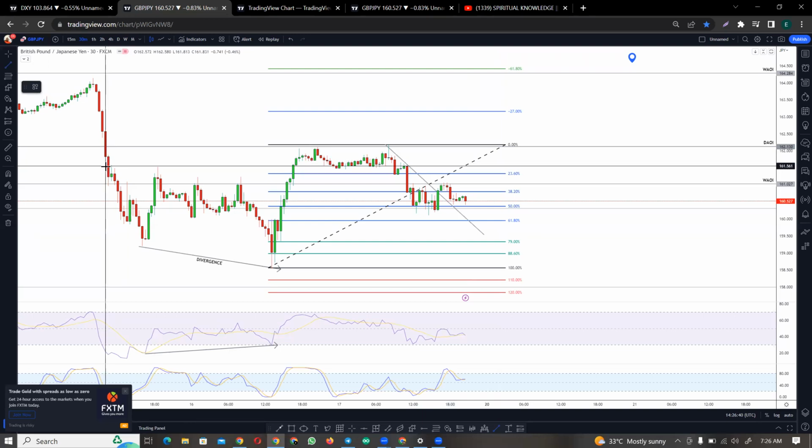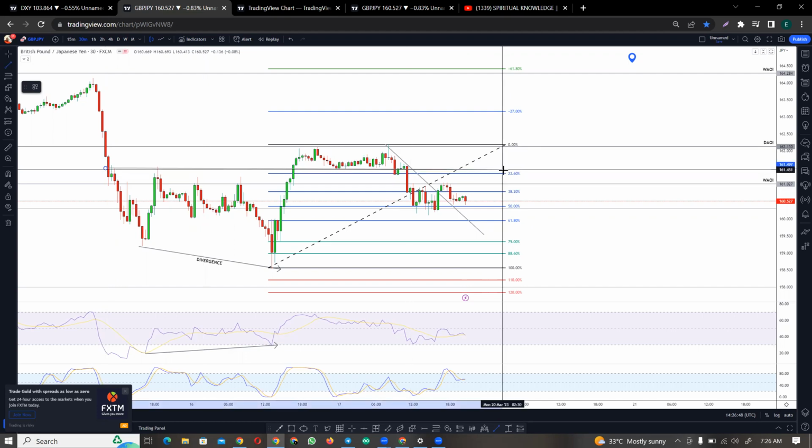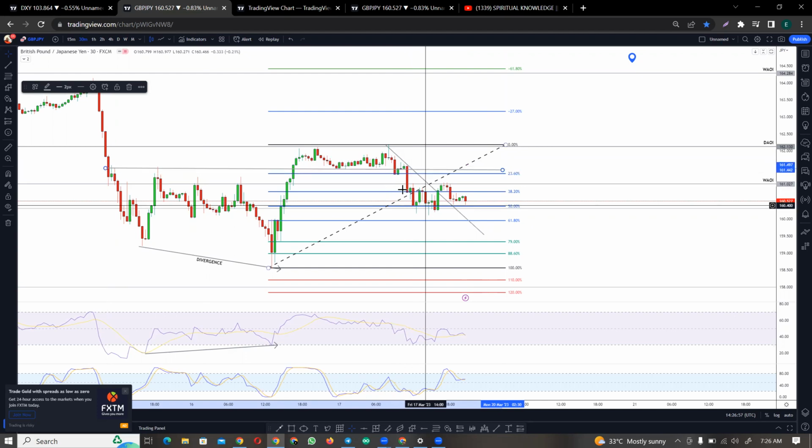Now once market break this consolidation, that we enter at the retest, a market sold when that happened last week.